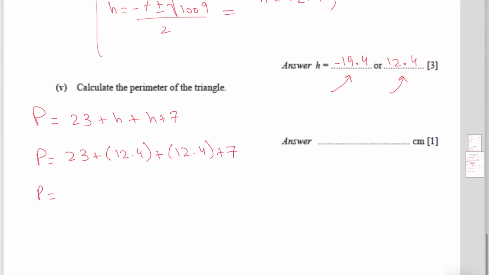So let's plug this into the calculator. You have 12.4 times 2 plus 7 plus 23. This gives us 54.8. So you write your answer over here, 54.8. And I believe you're done with the question.